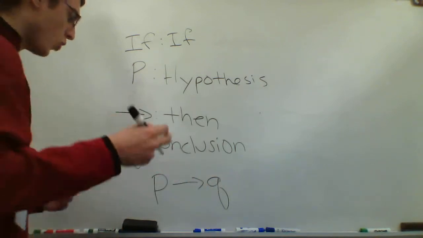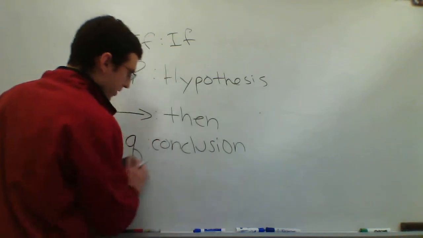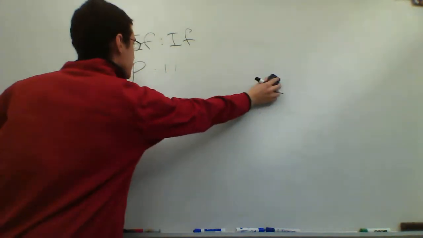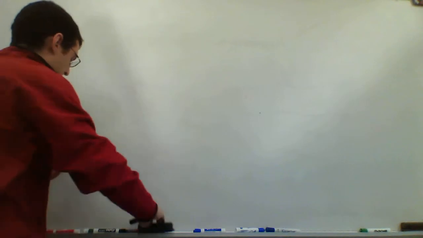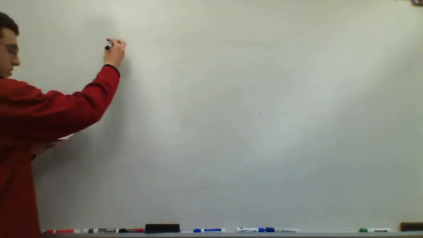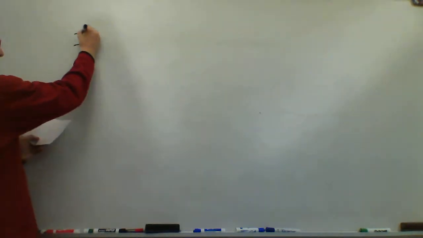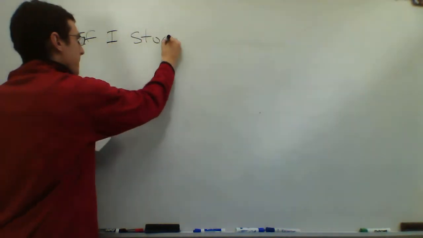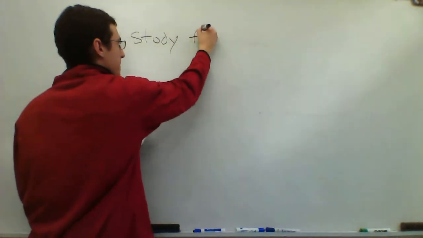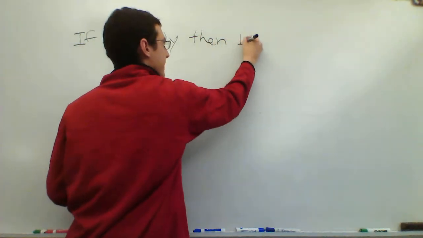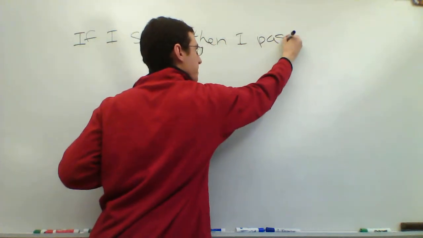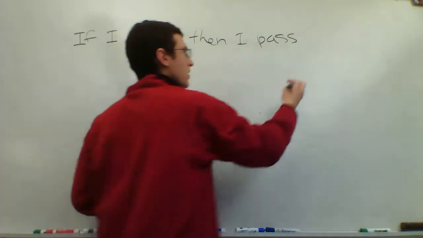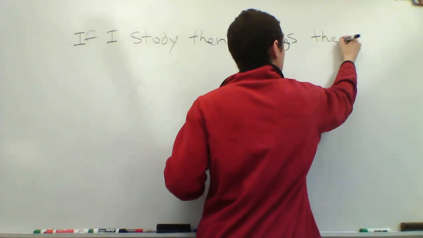Before I move on, we'll do one more. Work through one more of these all together. We'll find our pieces, and then you can move on to the next one. So, our new conditional statement is if I study, then I pass the class.